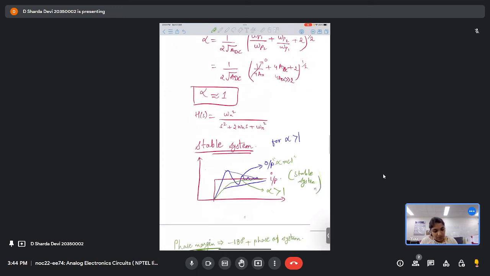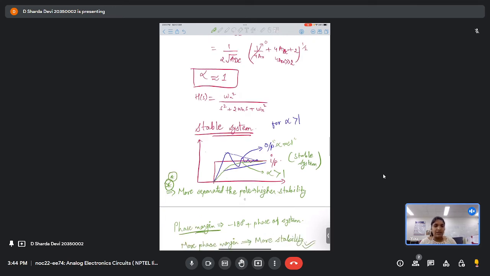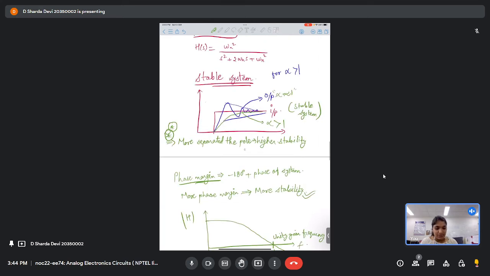So the key point to be noted is: the farther the poles, or the more separated the poles, the higher the stability. This is something that we need to keep in mind.